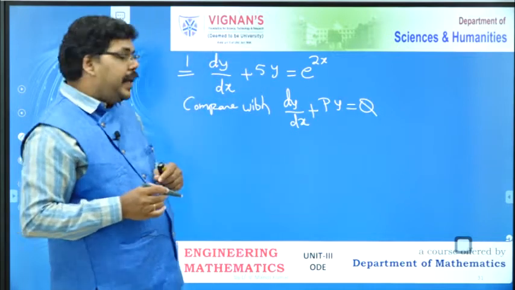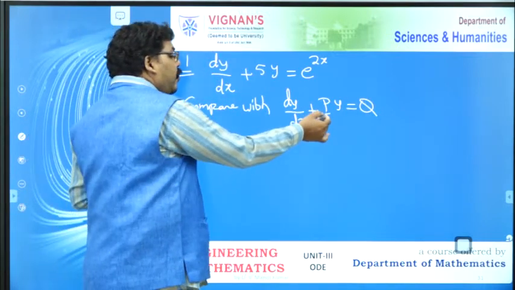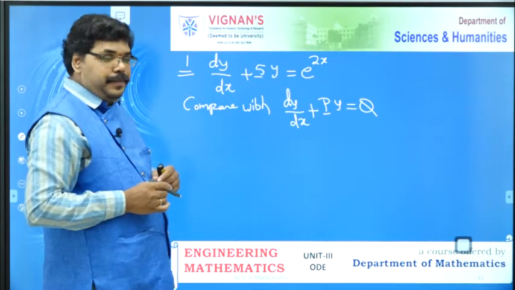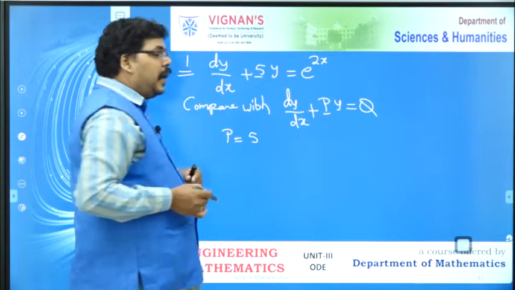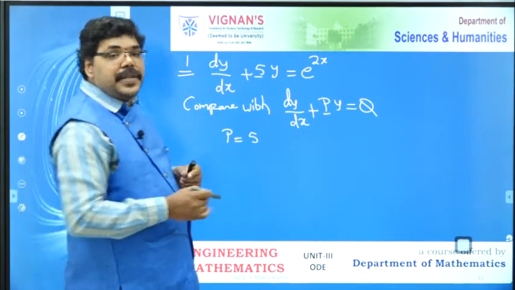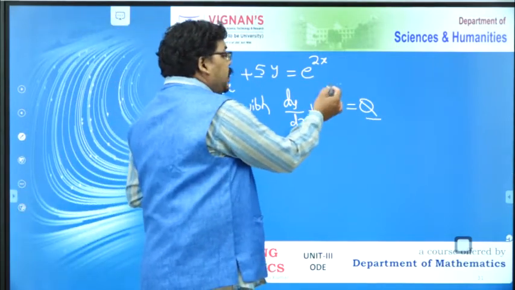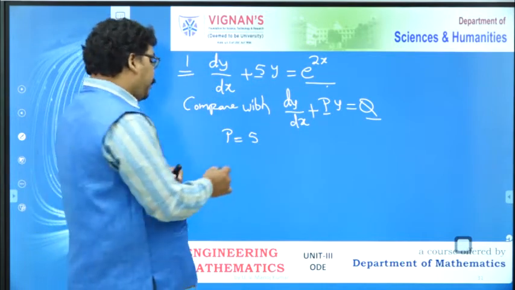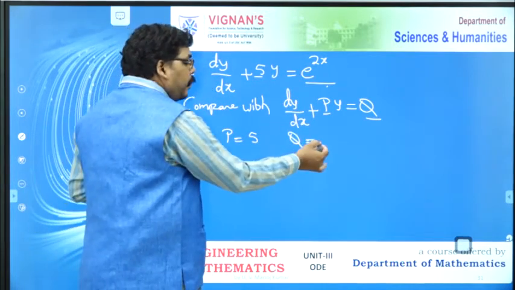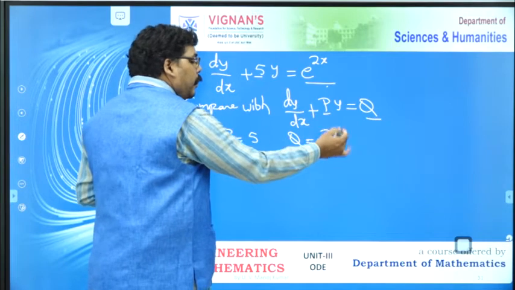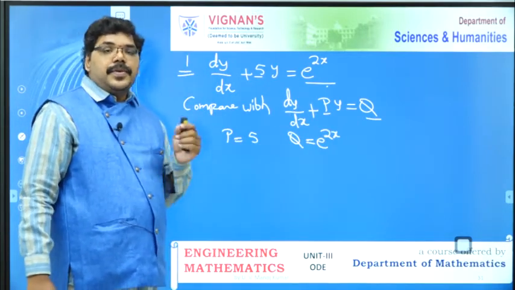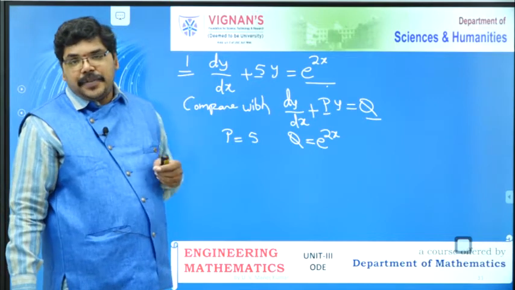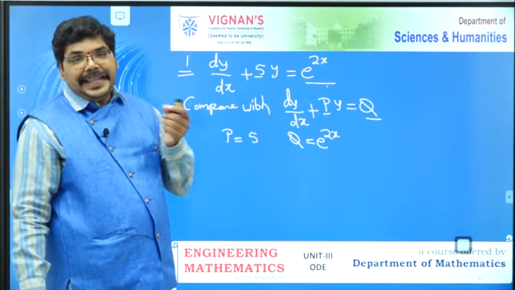So, if you compare, in place of p we have 5 and right hand side function q is e power 2x. So, the given differential equation is in the standard form. After you know that it is in the standard form, find integrating factor.